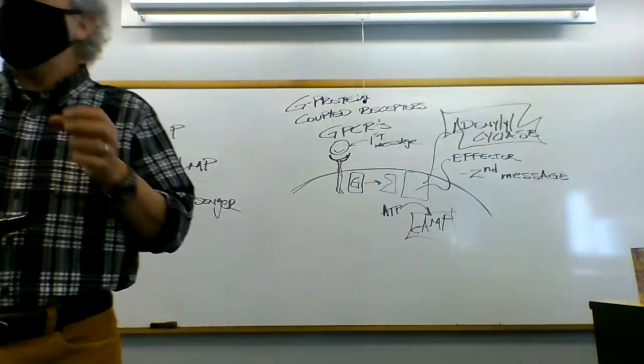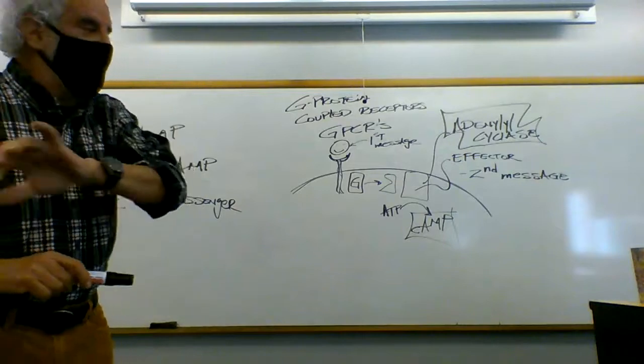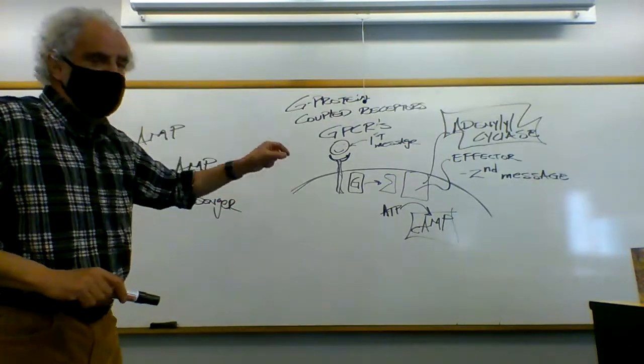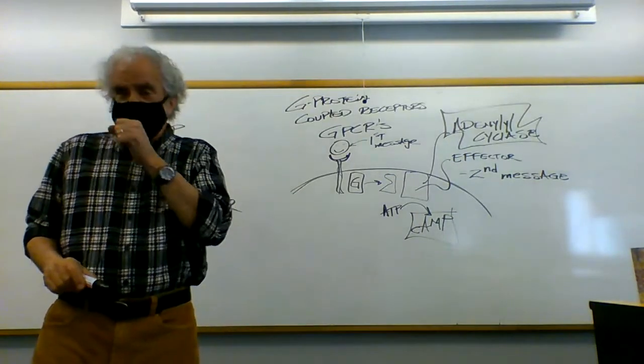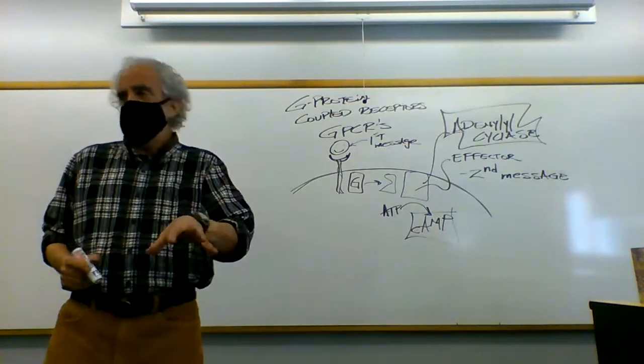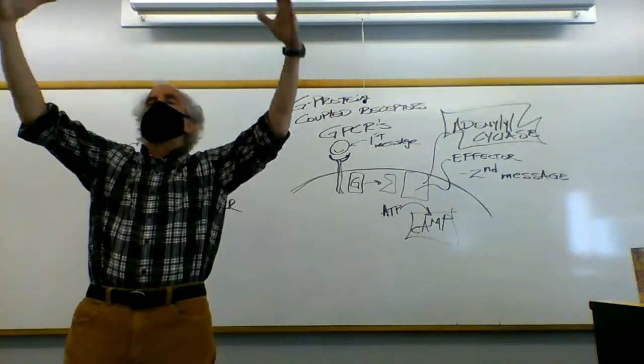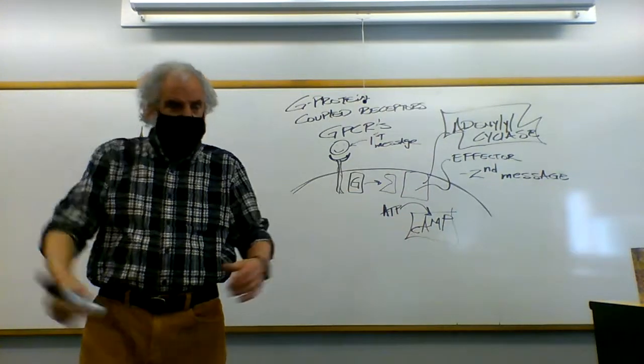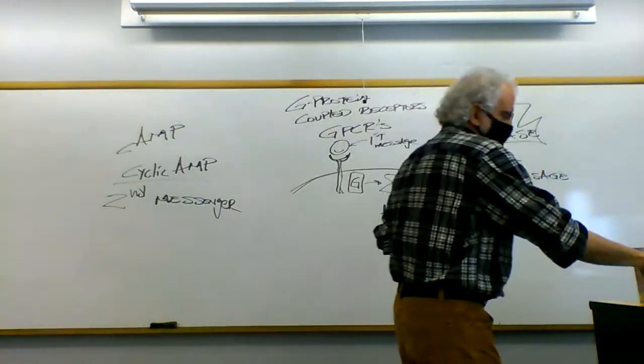So this means rather than waiting for gene expression, we've got a whole set of proteins in the cytoplasm that are cyclic AMP dependent. We'll get into them on Wednesday. And when cyclic AMP is present, man, they just explode with activity. Woo!